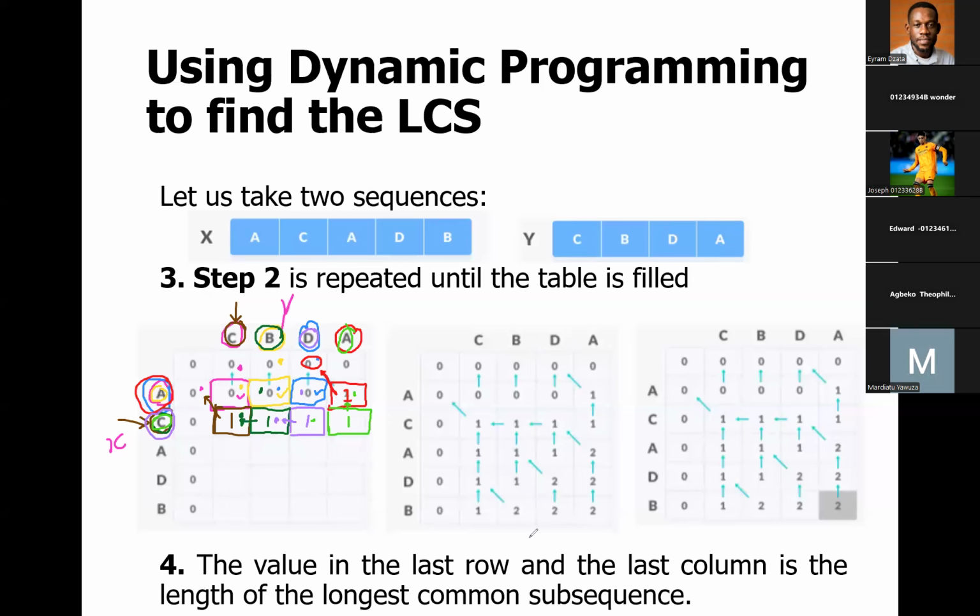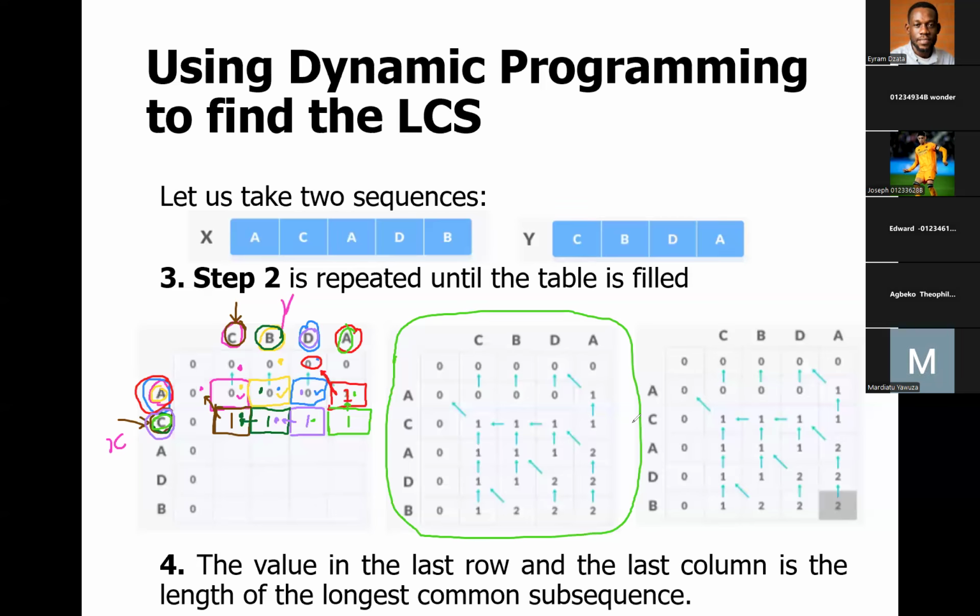So that is what has been completed in this table. Can you see that? Yes, sir. So if you follow the same logic, whether the characters are the same or otherwise, that should lead you to complete the table in this form.